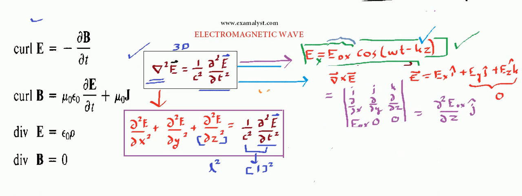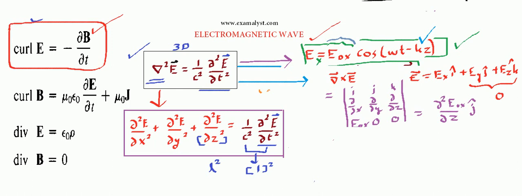Now do you remember by Maxwell's equation what del cross E was? Here you can see the first Maxwell equation. Del cross E is minus del B by del t. So what is our aim? My aim here is to calculate B when E is given. That's why I'm using the equation. So what did I get when I did del cross E?